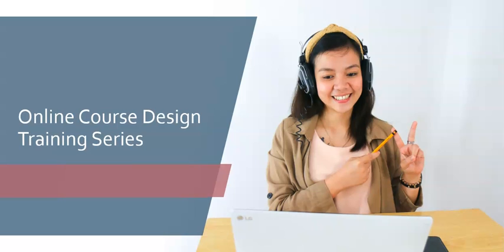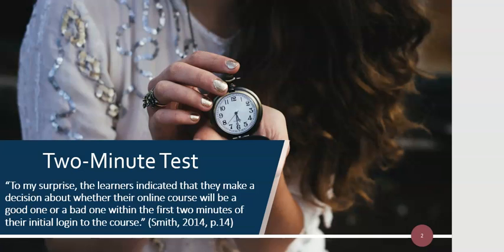One of the things that I really like is the concept of the 2-minute test. Smith in 2014 said, "To my surprise, the learner indicates that they make a decision about whether their online course will be a good one or a bad one within the first 2 minutes of their initial login to the course."